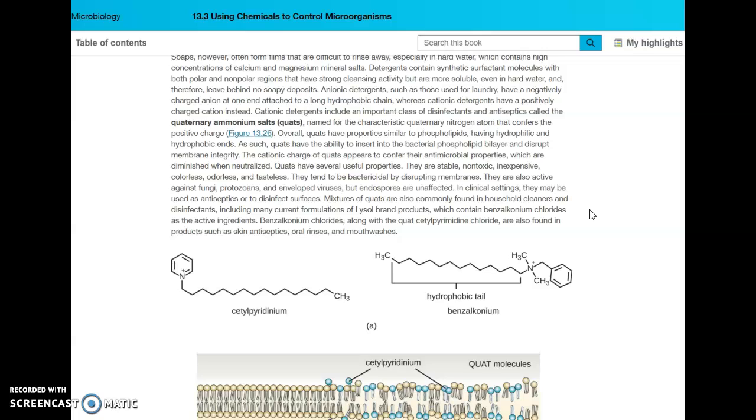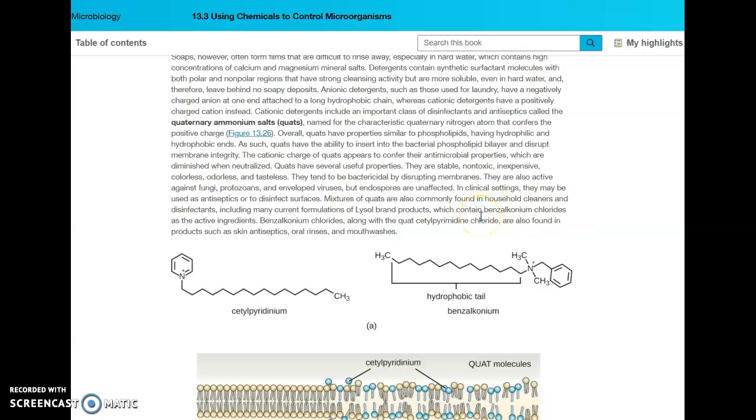They have the ability to get into the phospholipid bilayer of the bacterium and disrupt the membrane. So they are actually disinfectants because they can damage the membrane of the bacterial cells. They're very stable, non-toxic, and pretty cheap. They can also be effective against other microbes besides just bacteria.